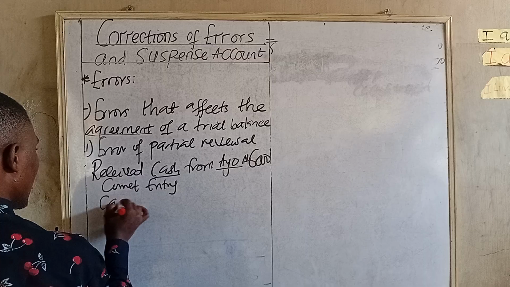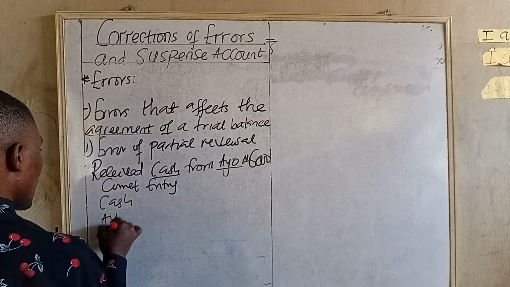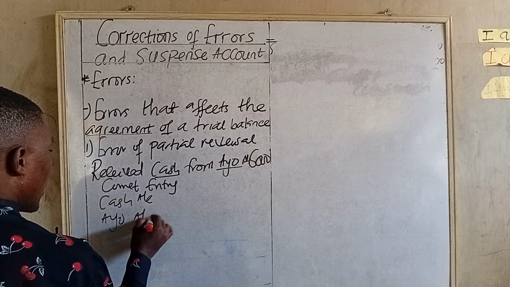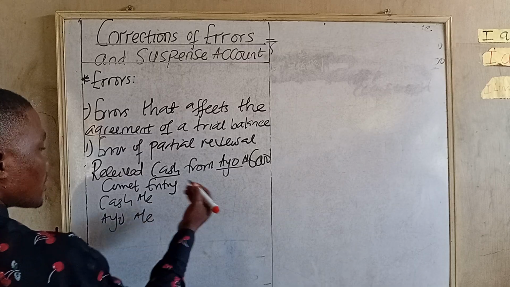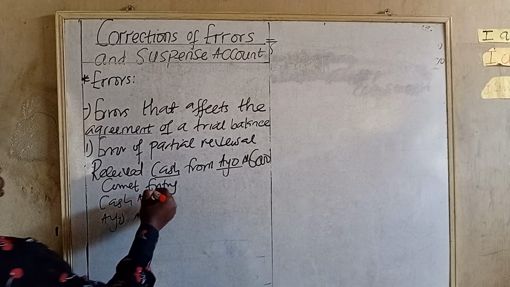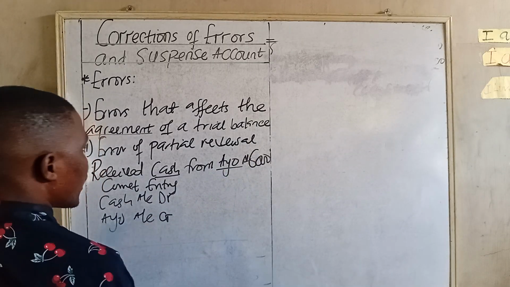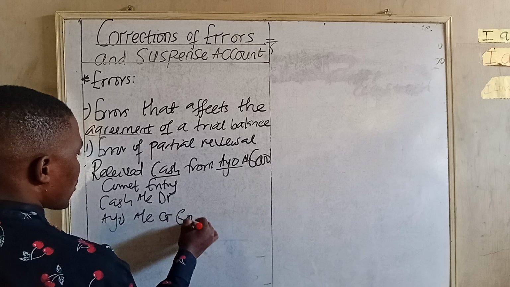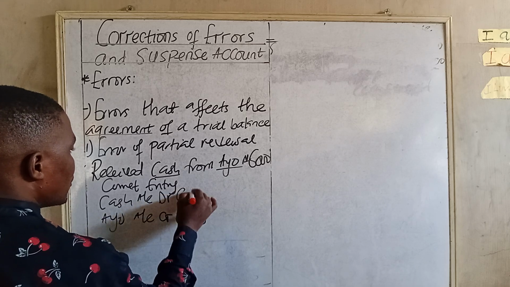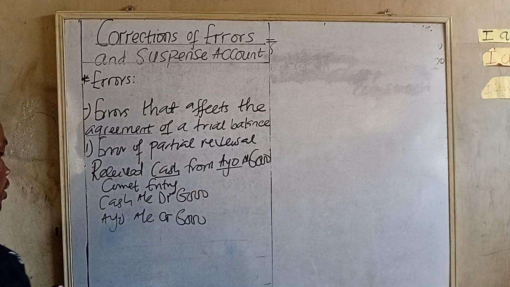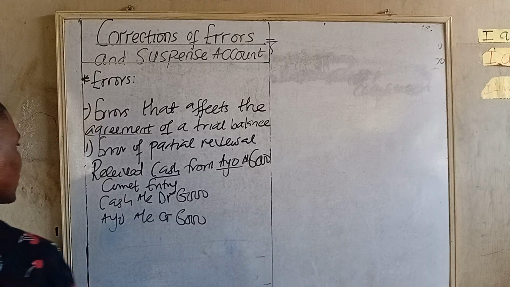We receive cash from Ayo. Ayo is the one giving us the money. So we credit Ayo with 6,000. Then we debit cash with 6,000, because cash is coming inside.